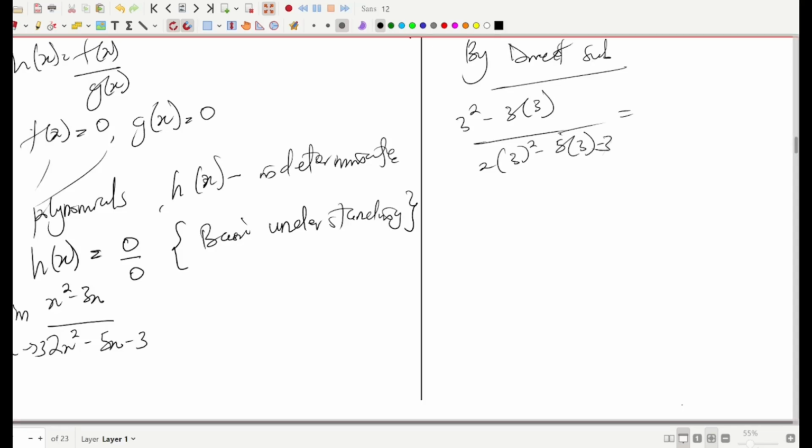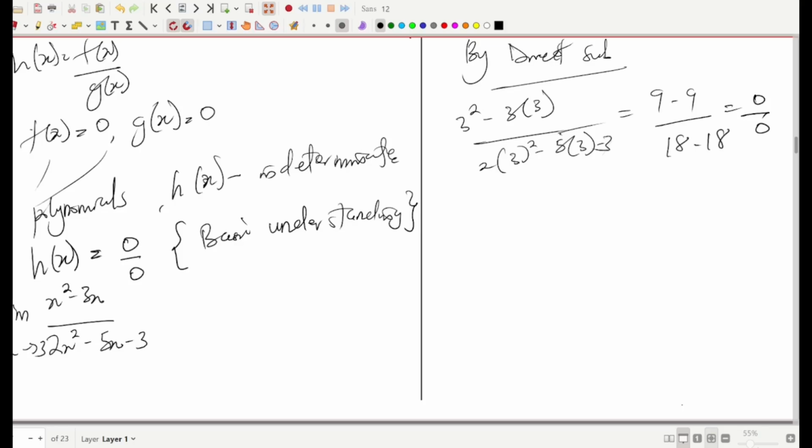The numerator is 9 minus 9, and the denominator will be 2 times 9, which is 18, and negative 15, negative 3, is negative 18. So we end up with 0 over 0. So that is an indeterminate form of a limit expression.